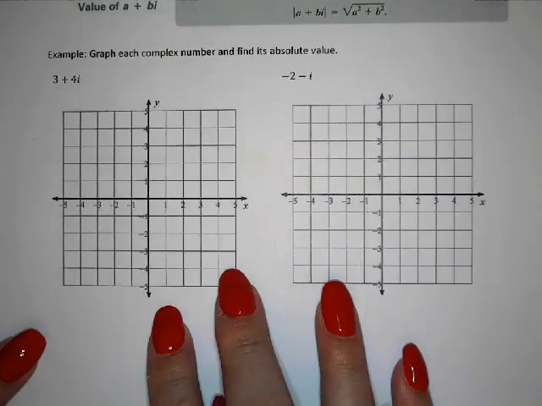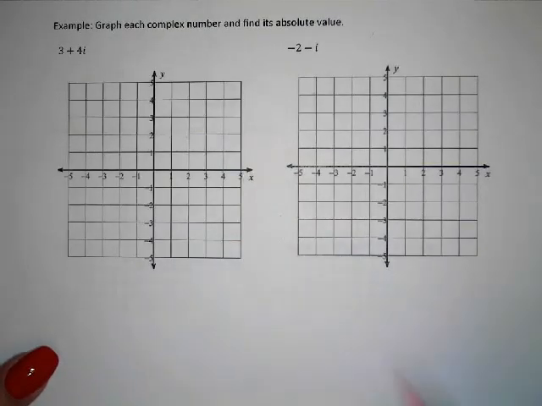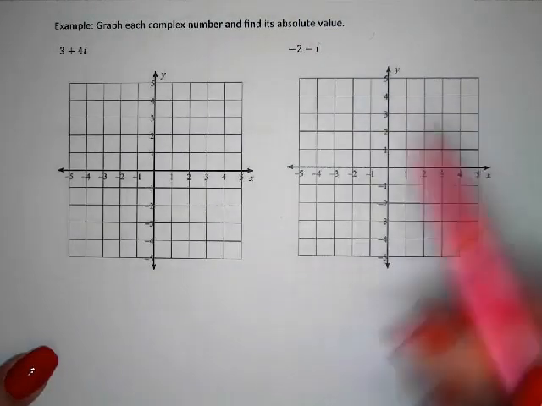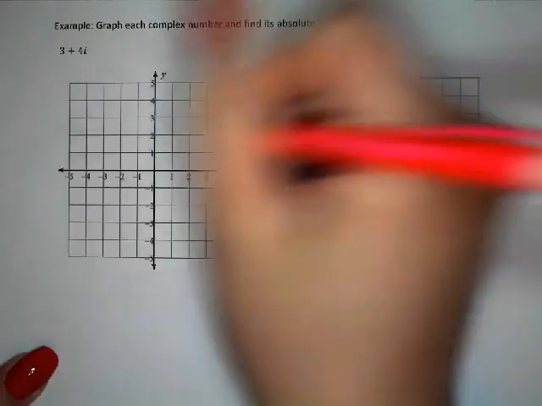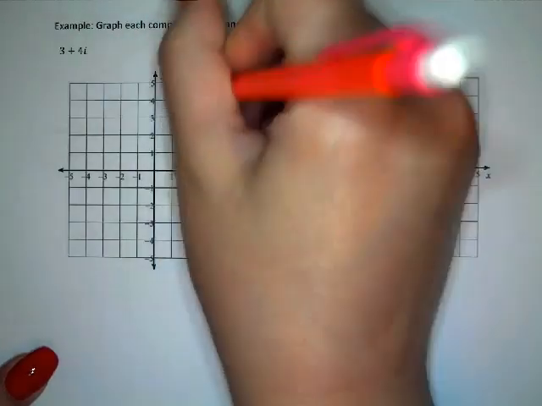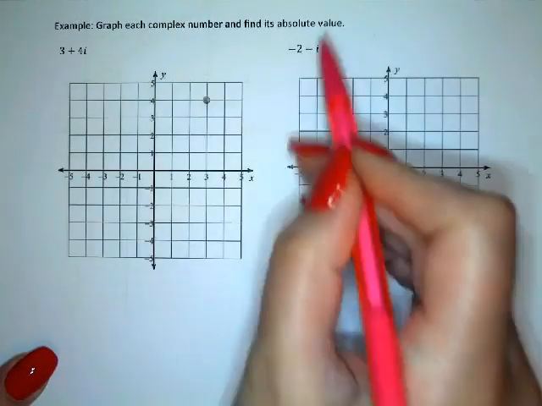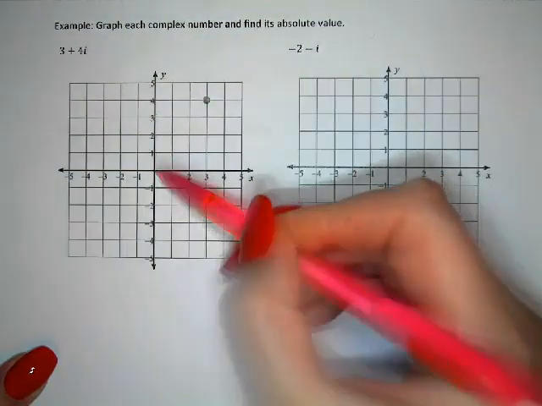They want us to graph the complex number and then find its absolute value, which means to find the distance between the graphical form of the complex number and the origin. So 3 plus 4i would be right 3, up 4. The absolute value is the distance between this and the origin.